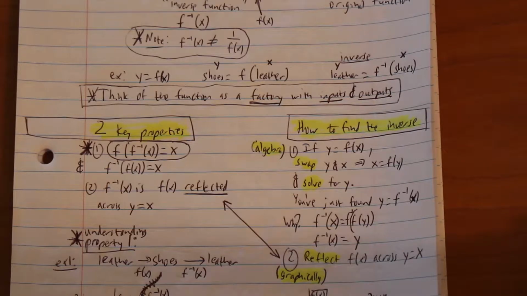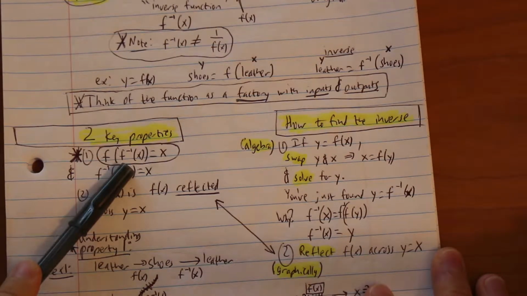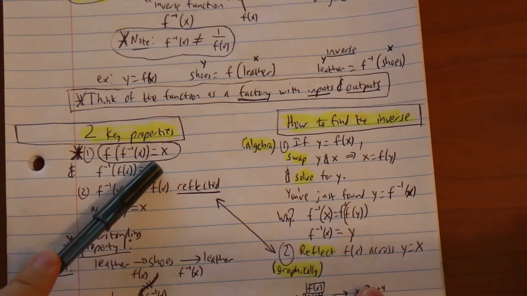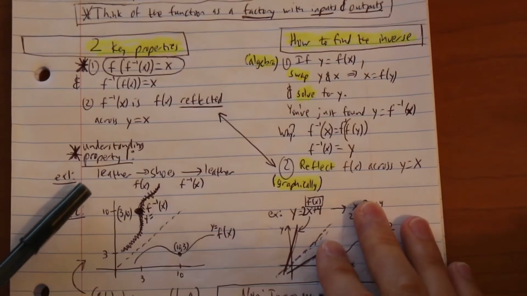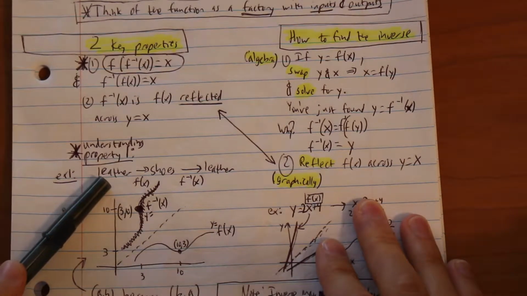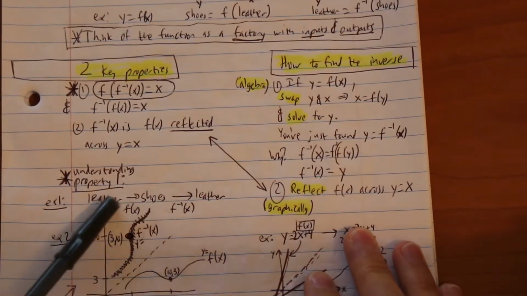The first key property is f of f inverse of x is just x. That's what we've just seen. Let's see if we can understand this. If we put in leather, that's our input, that's our x, and we run it through our inverse. The way I have it here, we're actually going backwards, but it doesn't matter.